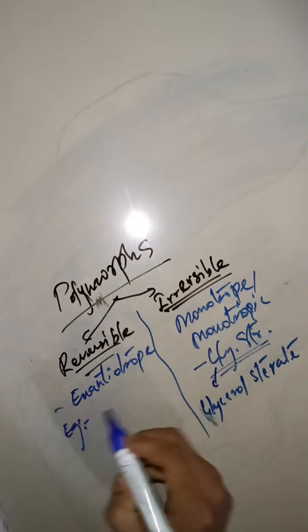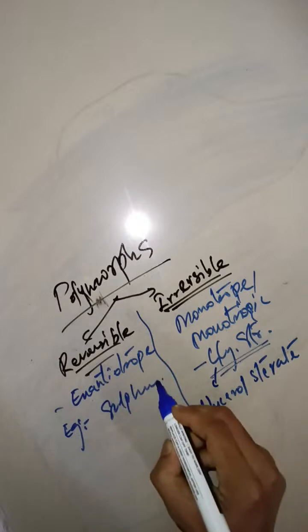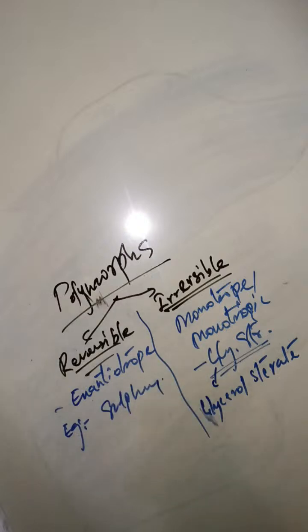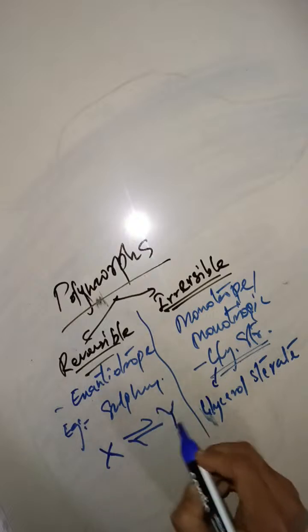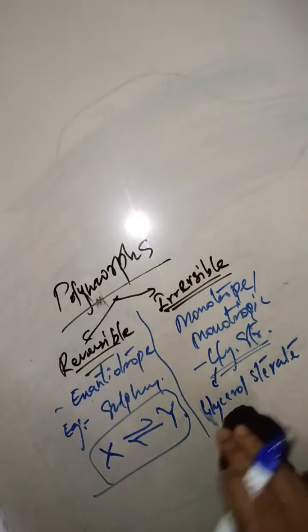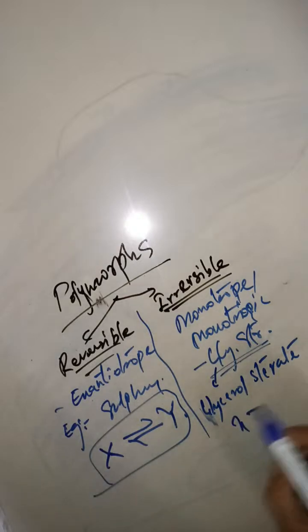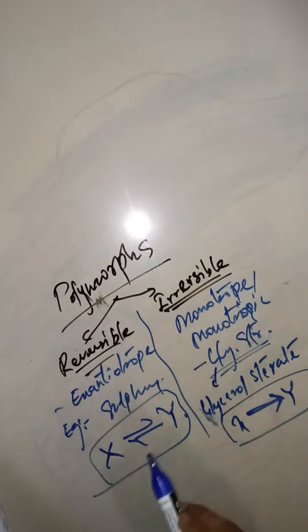Example is sulfur. Sulfur is an example of reversible polymorph. Reversible means if a structure was X and it was converted to Y, then this Y will again convert into X. But in irreversible polymorph, if X is converted into Y, then it will not convert back again into X. So it is unidirectional, and the other is multidirectional.